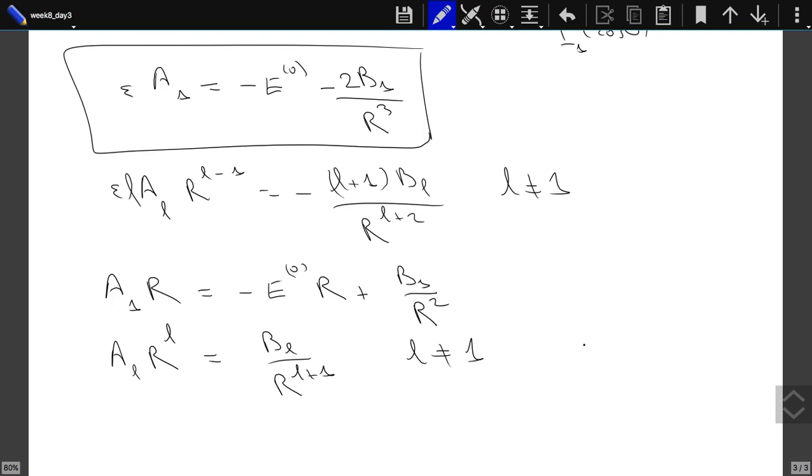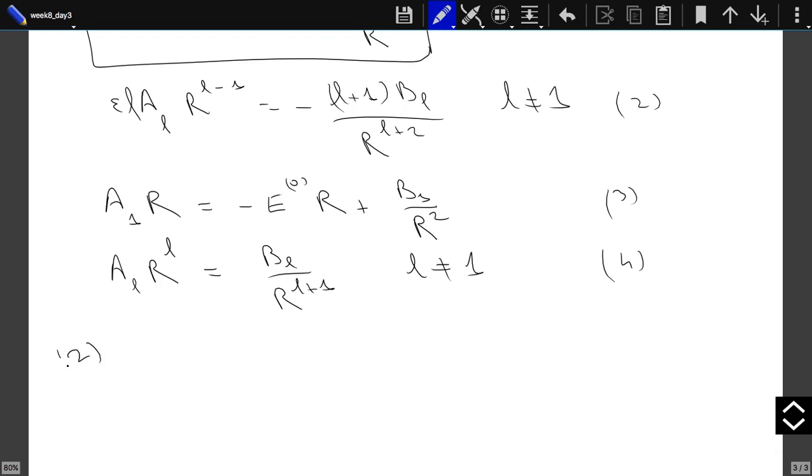They are both positive or they are both negative. That equation tells me that A_L and B_L have the opposite sign. But two numbers can have the same sign and also the opposite sign only if they are both 0. So this is equation 1, this is equation 2, this is equation 3, this is equation 4. 2 and 4 tell me that A_L is equal to 0, B_L is equal to 0, if L is not 1.